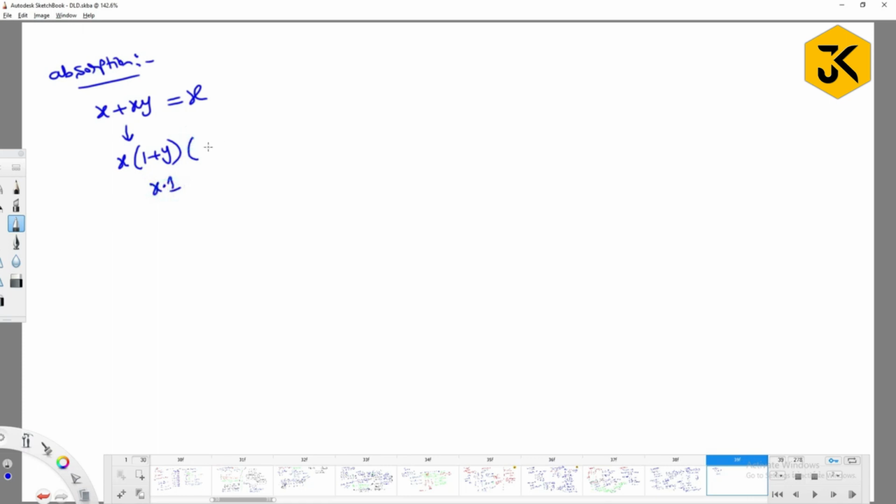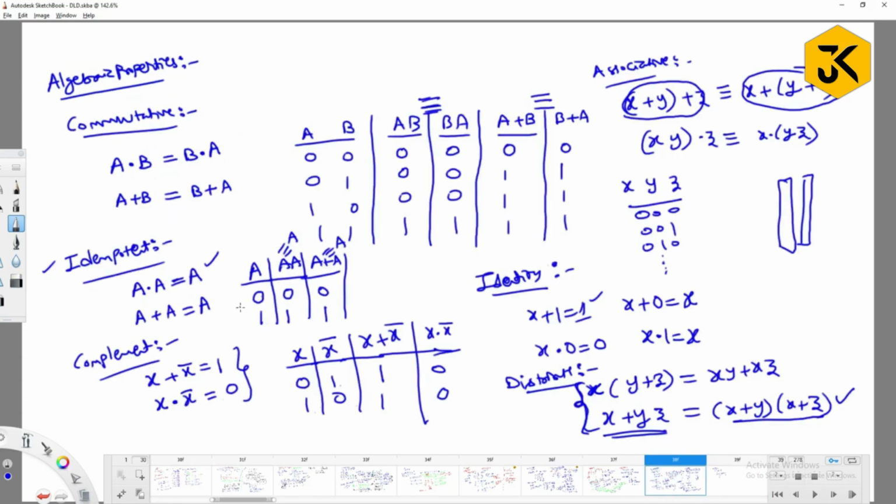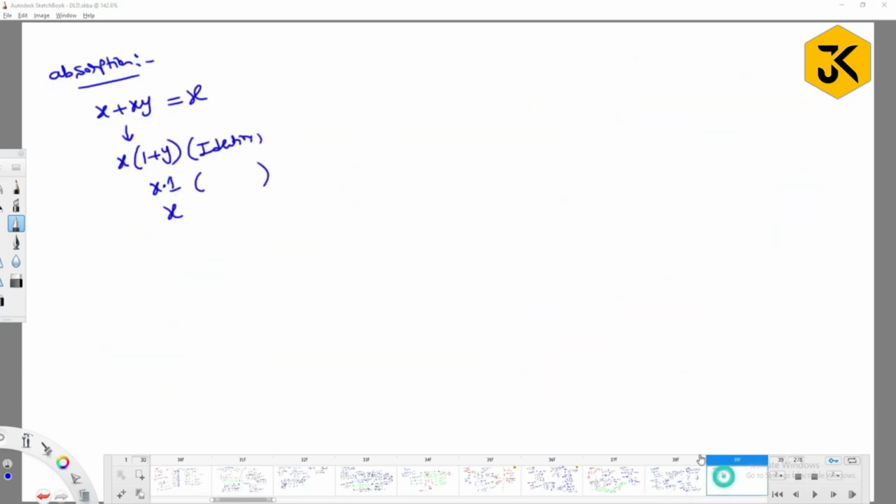So here, according to the rule of identity, you make it as 1. What is x into 1? X into 1 is x, according to the rule of identities. So are you going to get the same result or not?